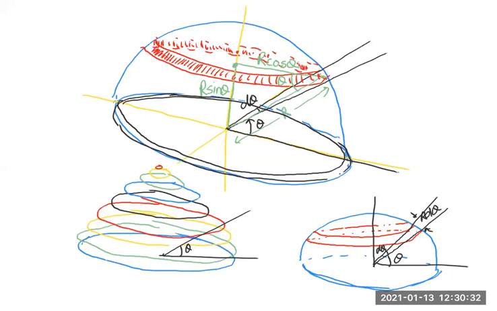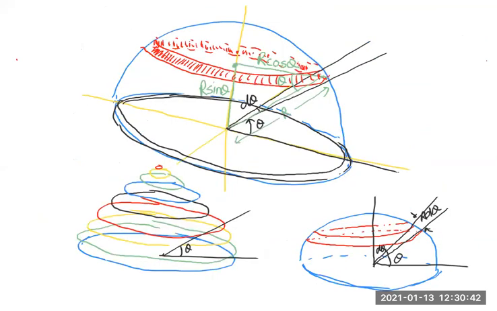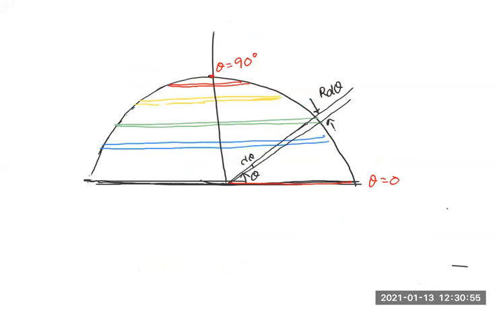Okay, this is to be added to this slide. तो यहाँ पे मैंने डिस्क और स्फीयर का किया है, लेकिन अगर हॉलो स्फीयर होगा या हॉलो हेमिस्फीयर होगा तो ऐसे इसको करते हैं. प्लीज टेक अ स्क्रीनशॉट. And if you are confused about the limits, I hope this cleared it up.